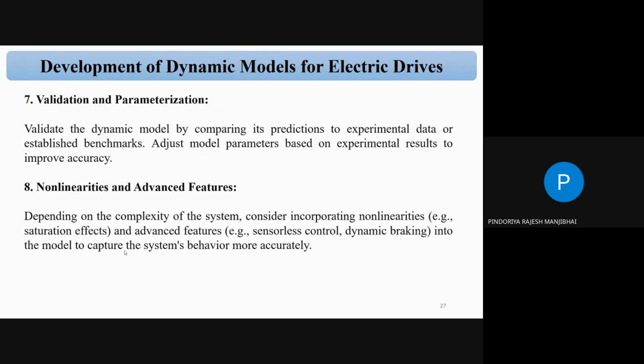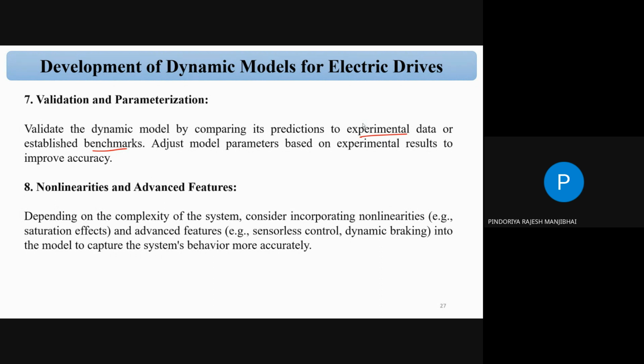Then validation and parameterization, okay. We have to validate our model. Whatever parameters you consider or assume, we have to validate by our experimental setup, correct? So how can we validate? By experimental setup, or any benchmark, correct? Suppose ABB is a standard company to design motors and drives. So maybe you can consider ABB as a benchmark.